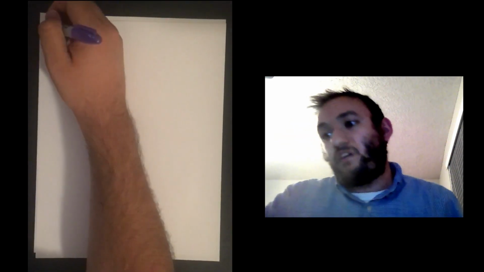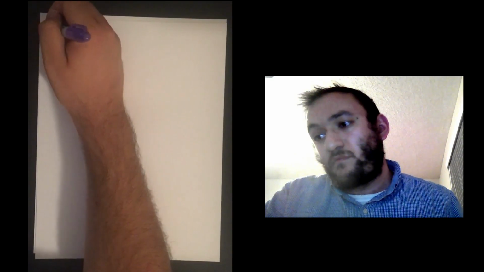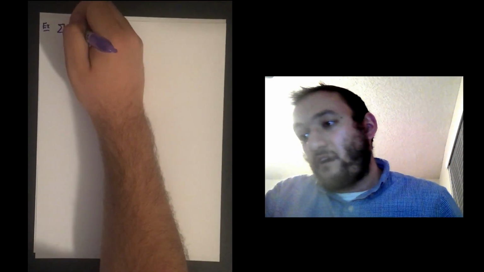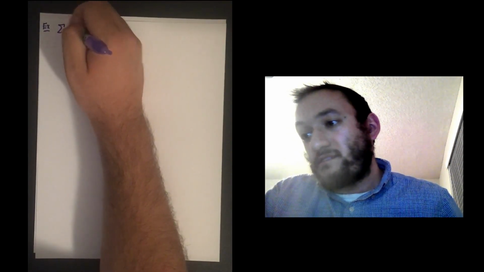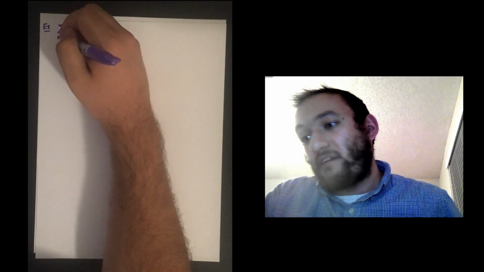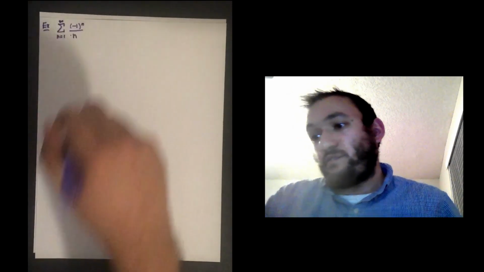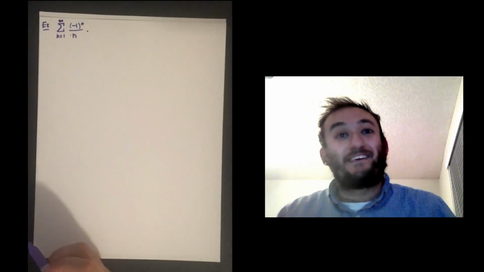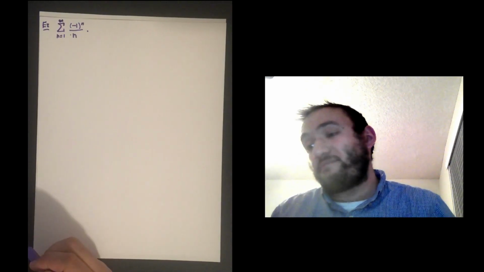Let's consider the following example. If we have the sum of minus 1 to the n divided by n, where n goes from 1 to infinity, can we determine if this is convergent or divergent?